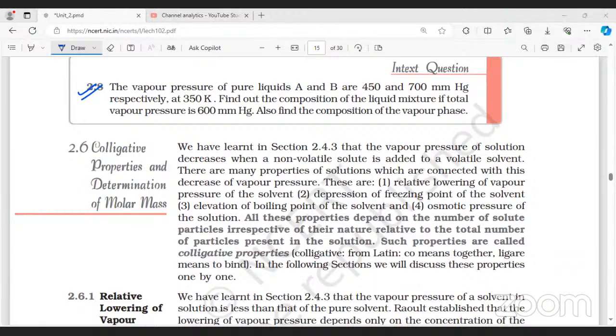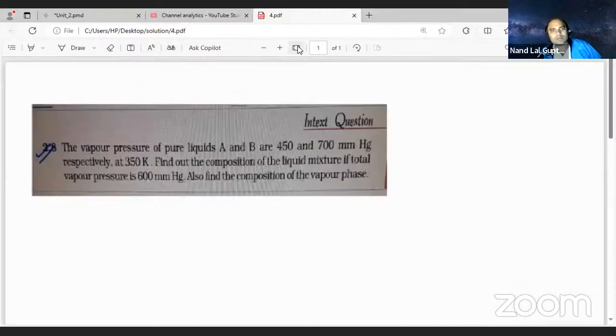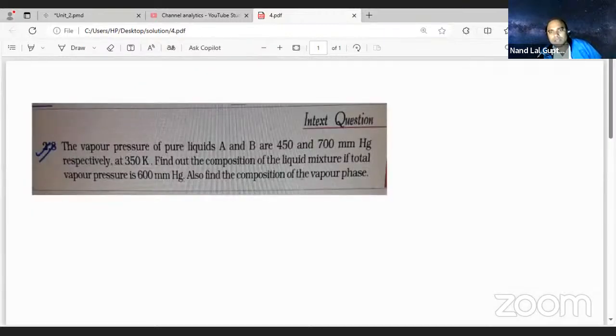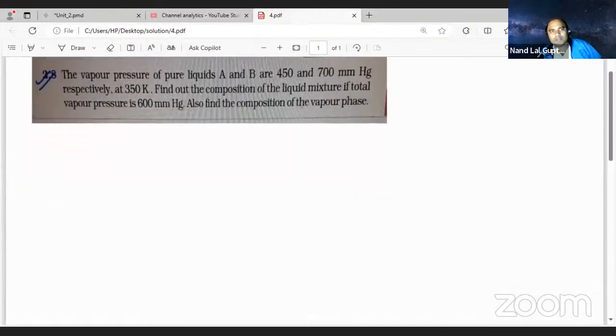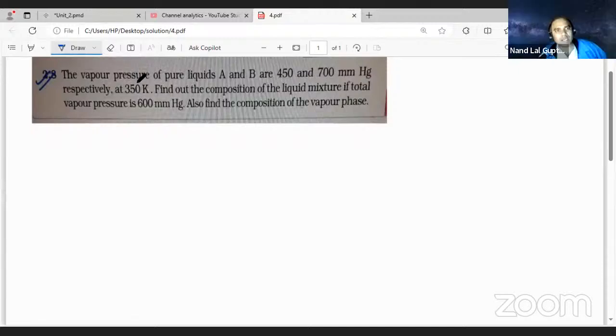Non-volatile solution, 200 gram H2O, that I will do now. Just you firstly do this one. Very same question. Can you see? The vapor pressure of liquids A and B is this respectively. Find the composition of the liquid mixture if total vapor pressure is 600 mmHg.